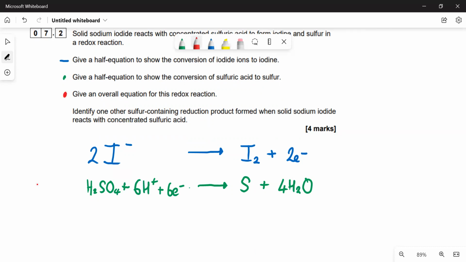Okay, now we need to balance the number of electrons. So we need to multiply this one by 3 because this is only 2 electrons, while this one is a 6 electron process.